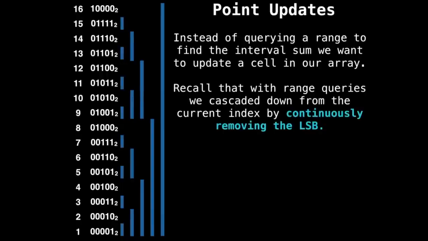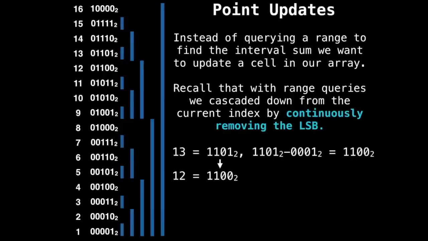queries. What we did was we started at some index, doesn't matter which, and then we continuously removed the least significant bit until we hit 0. So that's the cascading down effect. Let's say we started at 13.